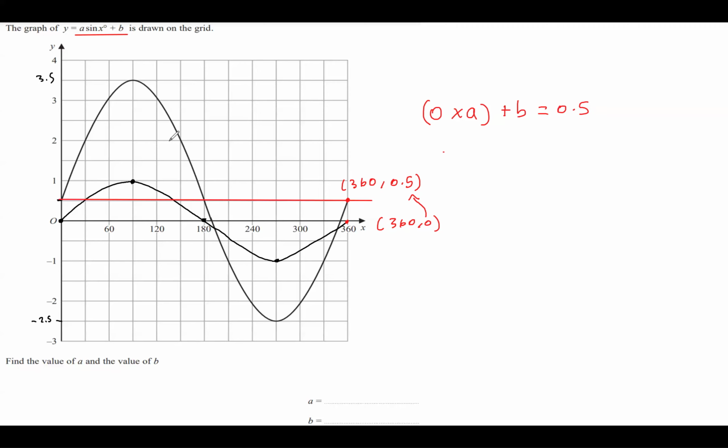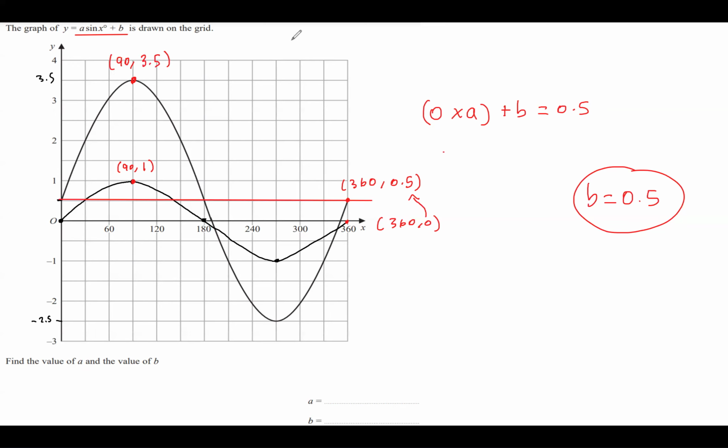So find the value of a and b. So b must be 0.5. And then in that case, we can now compare this coordinate and this coordinate over here. So we've got our x coordinate of 90, we've got a y coordinate of 1, and likewise over here we've got our x coordinate of 90 and our y coordinate of 3.5.